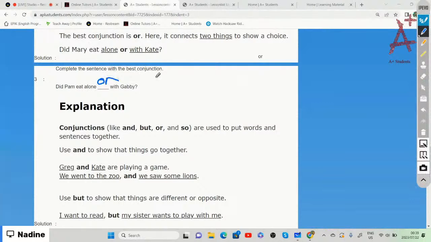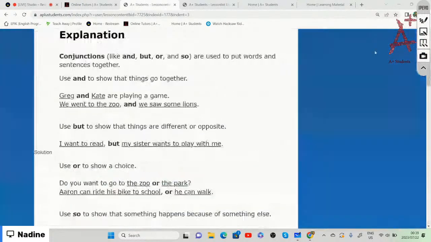Meaning that Pam had an option of either eating alone or eating with Gabby, right? So or, like we said, shows a choice between eating alone or eating with Gabby.